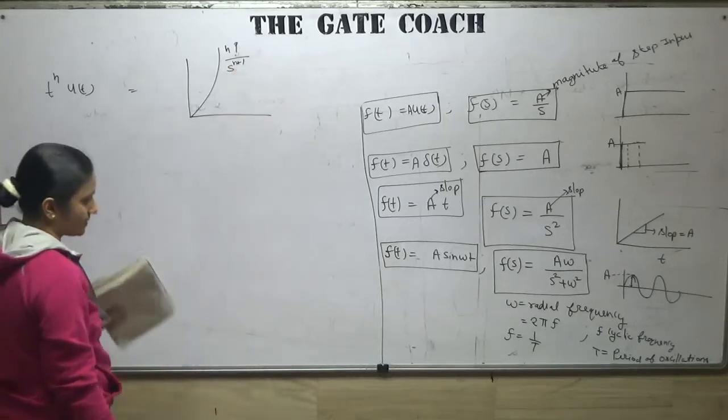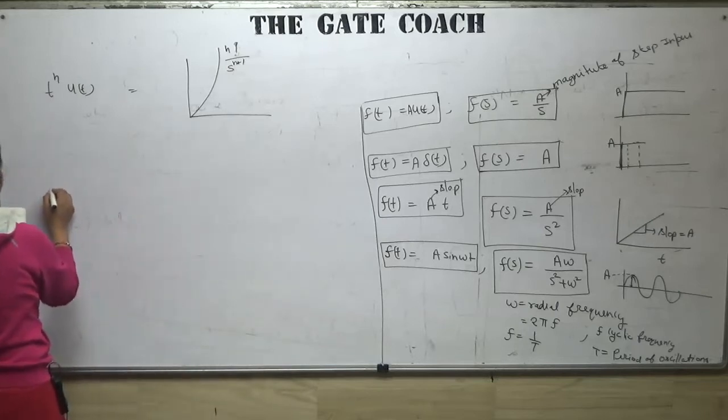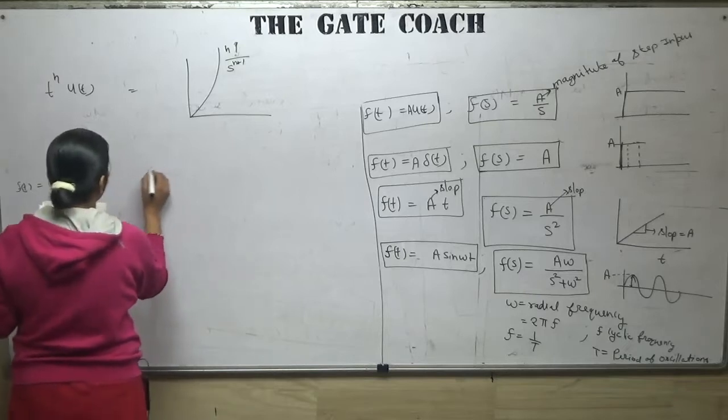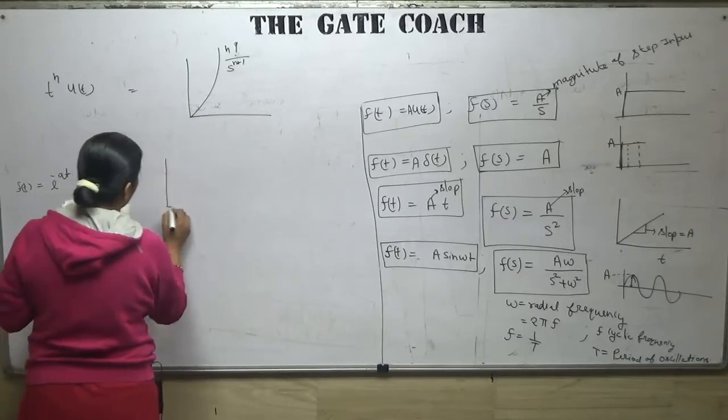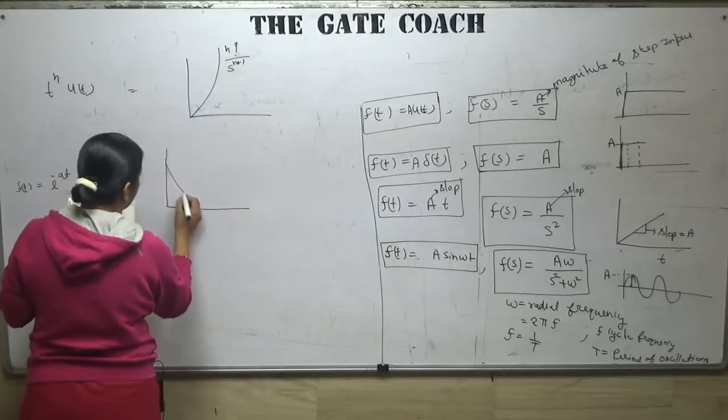If the function e to the power minus at is given, then its graph decreases exponentially.